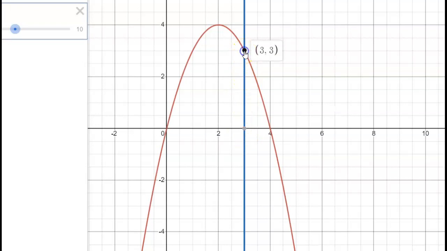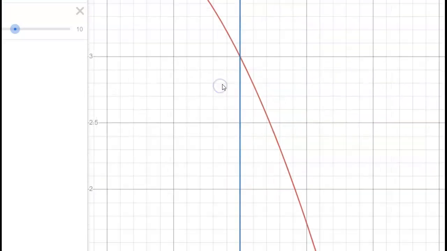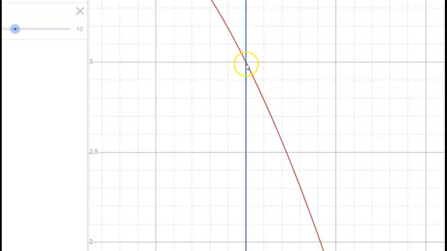Now I want to see if the gradient is -2 or not, which means at that point, if I zoom in more, the curve is travelling down along the y-axis. The drop is 2 and the travel along the x-axis is 1.